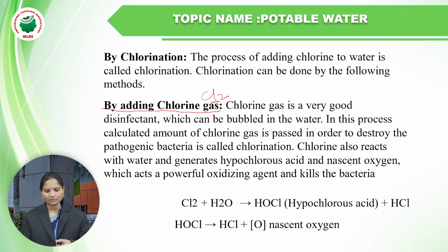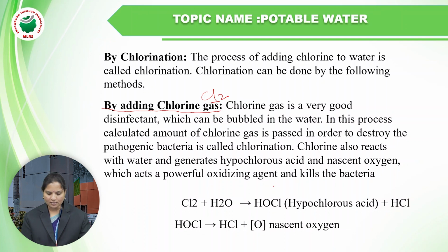This chlorine reacts with water and forms hypochlorous acid, and after that it also forms our nascent oxygen. We already know that nascent oxygen is a very powerful disinfectant and also an oxidizing agent, which helps to destroy all the bacteria from our water.